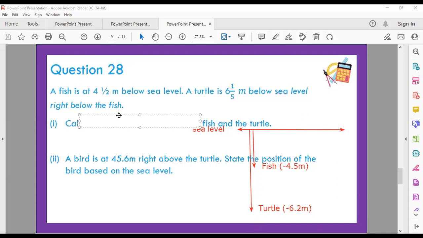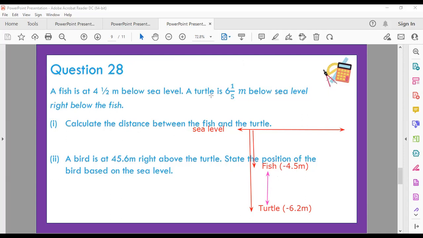Calculate the distance between the fish and the turtle. So what are they asking? They are asking you to calculate this distance. Okay, this distance. Can you see? The fish and the turtle. How much is it? So basically, it's just the difference between 6.2 and 4.5.